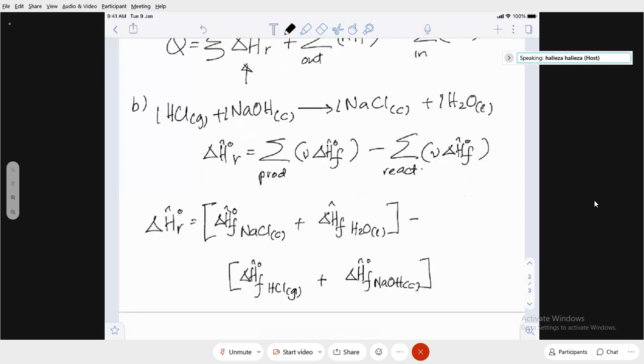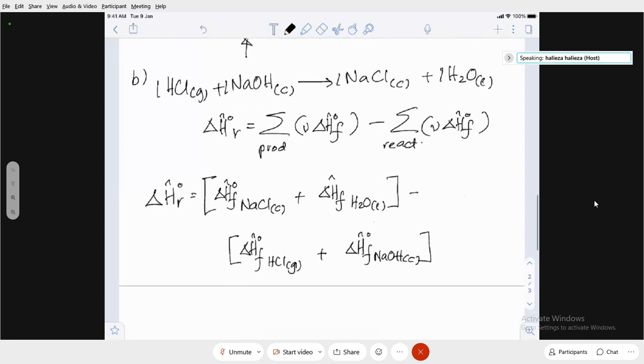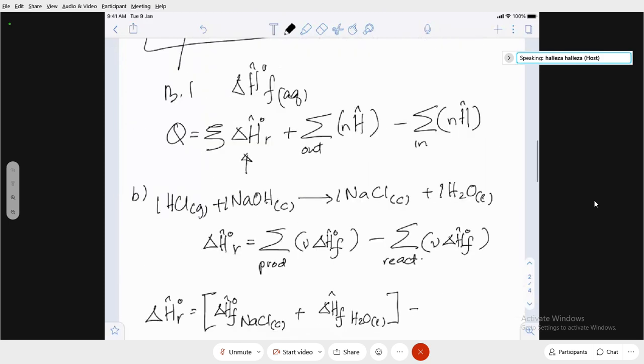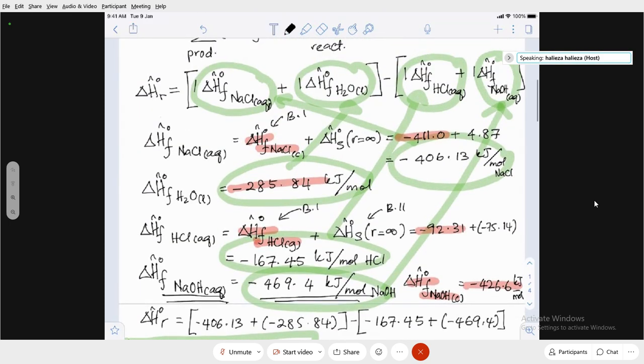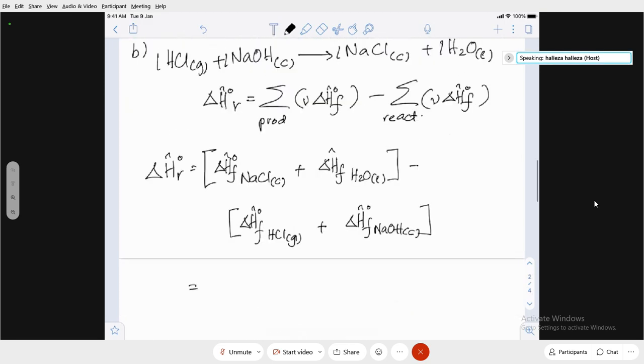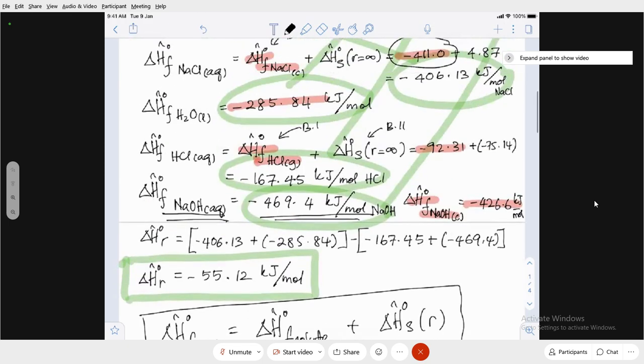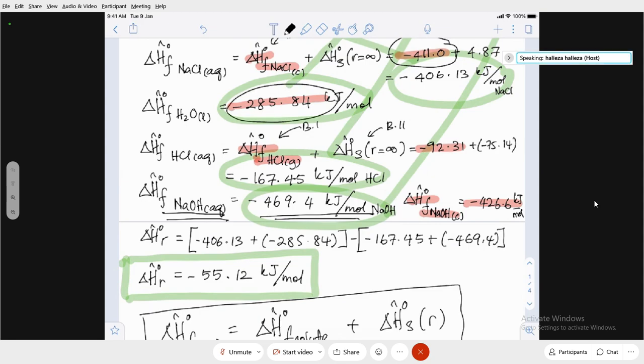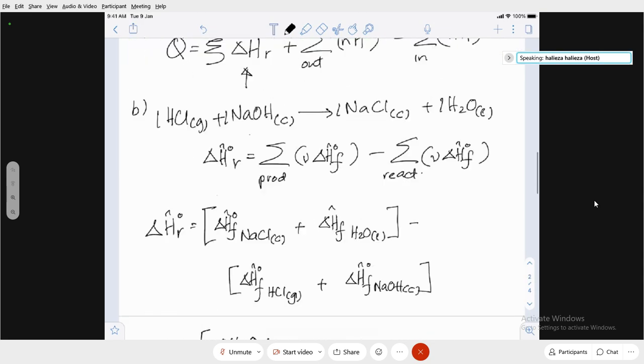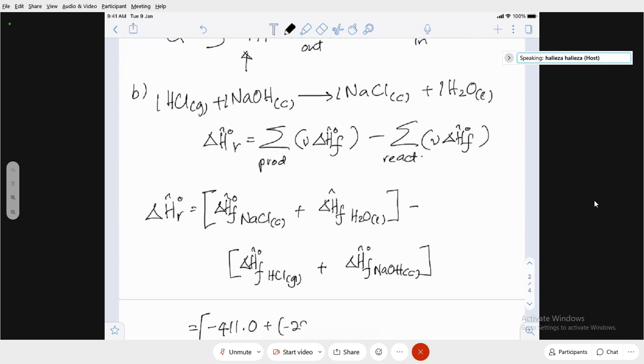Now let's get the values from the previous example. It is equal to the heat of formation of crystal sodium chloride, the one I highlighted in red, that's the value, minus 411, plus liquid water, we have that value here, minus 285.84, close the bracket, that is for the product.